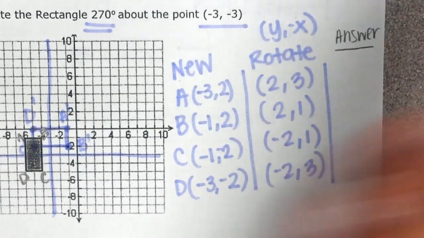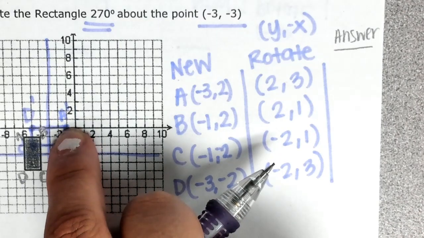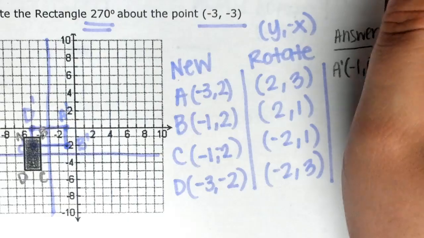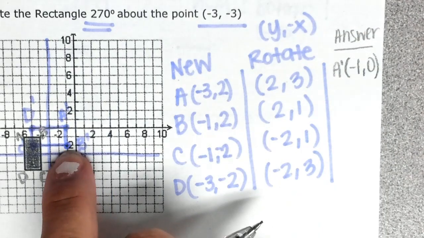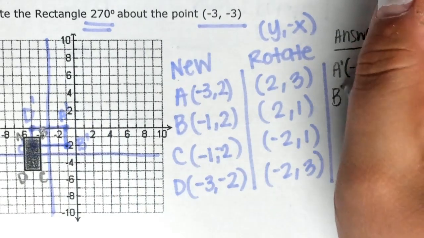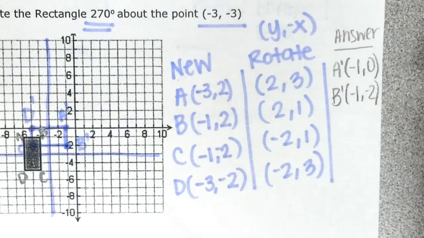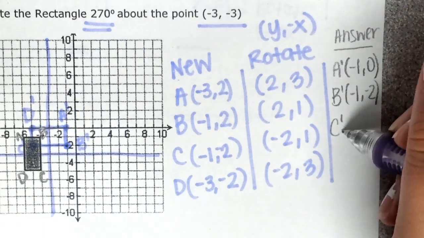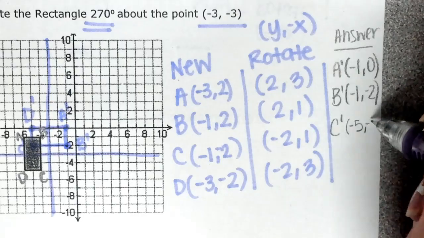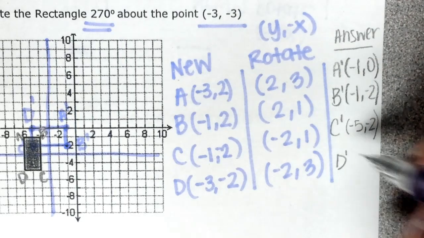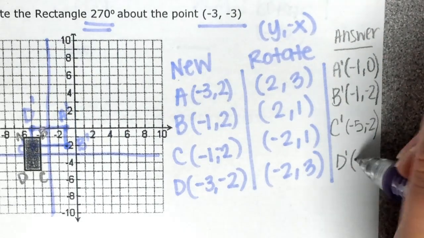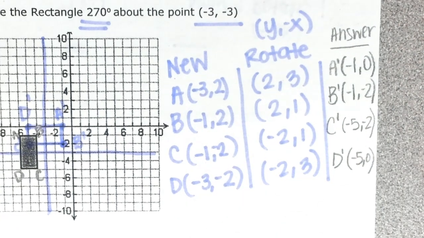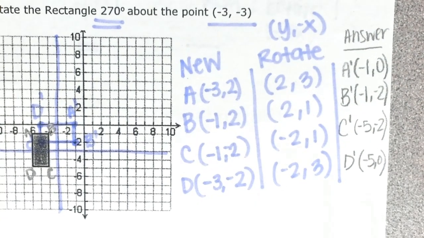Like normal. What point is A at? Or A prime, sorry. -1, 0. What point is B at? B prime: -1, -2. C prime is kind of inside there, but is it -5, -2? And then D prime? -5, 0. And that's what you should have gotten for this.